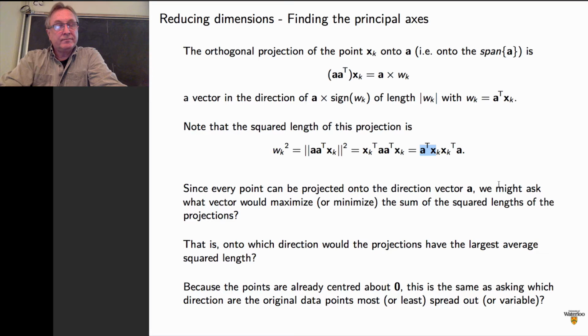Now that says, that's the squared length of the kth vector projected onto the direction A. So I can ask, is there a direction that makes that as small as possible or as large as possible?